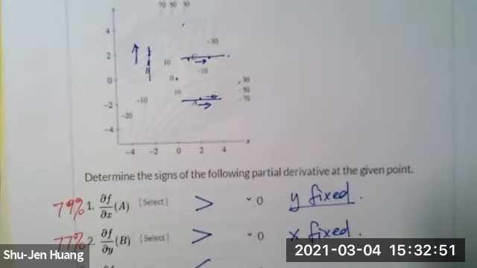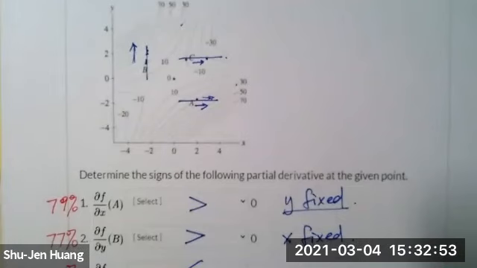Yeah, so I had a question. Would it only ever be equal to 0 if the contour lines around it were parallel? If it is equal to 0, then that means when you increase, you won't see the changes.